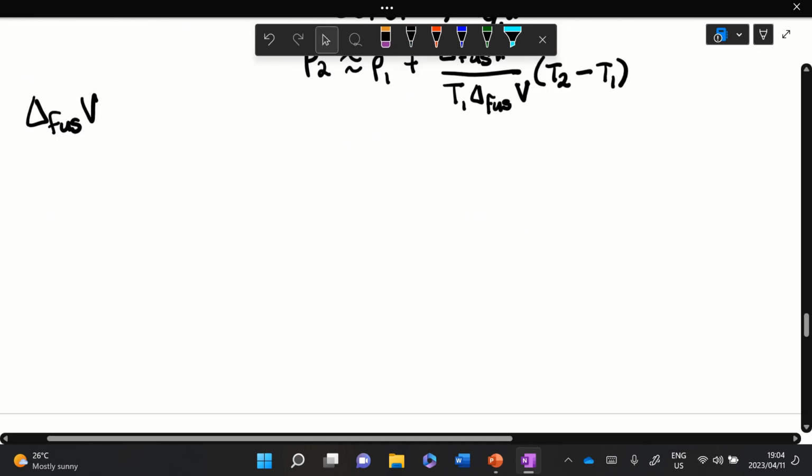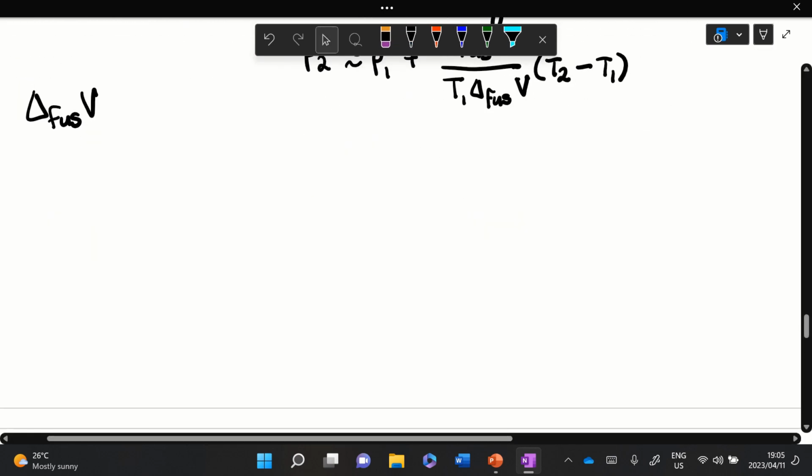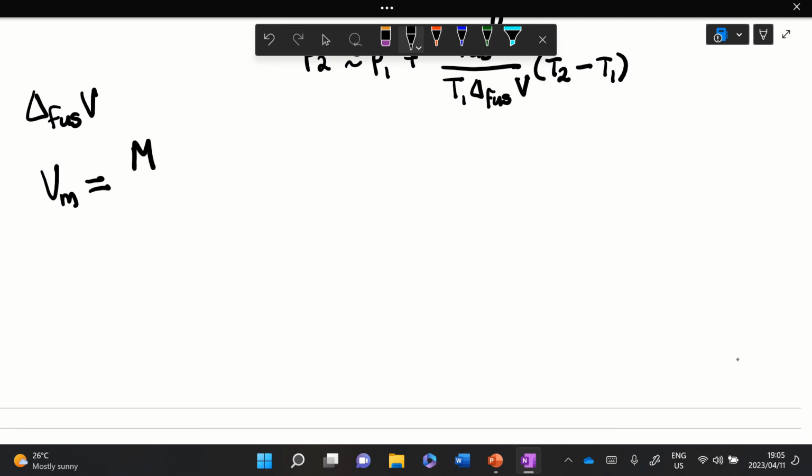Basically what we need to use here is the fact that molar volume is defined as the molar mass of a substance divided by its mass density. The units make sense because you have grams per mole and grams per volume, the grams will cancel, and you'll have your molar volume.